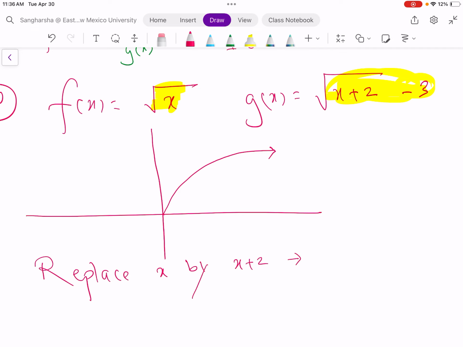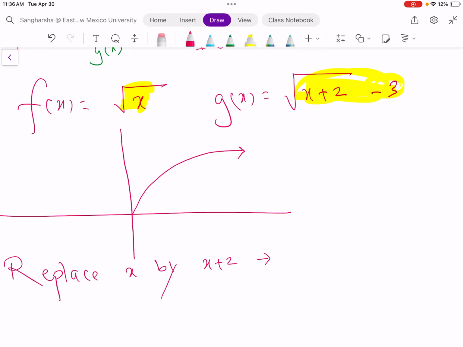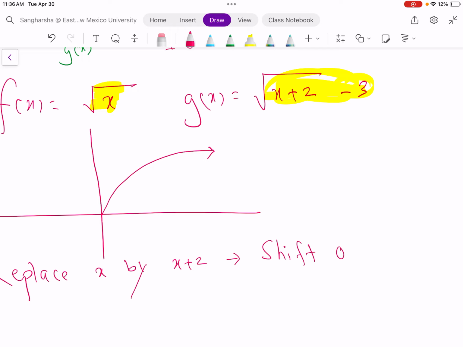Now, what kind of transformation is this? If we are replacing x of a function by x plus 2, and you do have the formula sheet, so we are shifting horizontally, on the right or left? Left. Shift on the left side by how many units? 2 units.